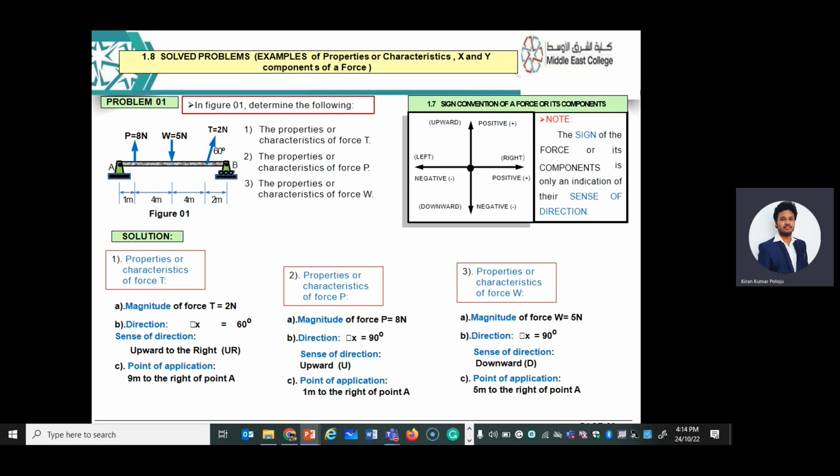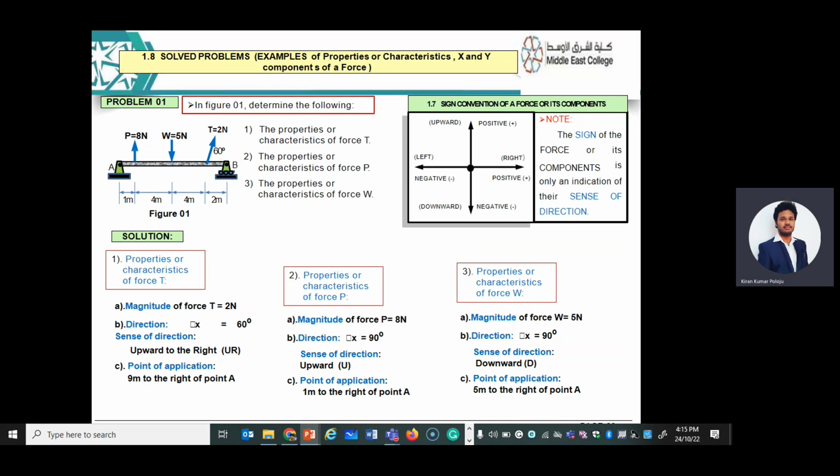Here you are not going to determine the force or the resultant. You just have to state the properties. It means you have to say in which direction it is moving, like in the previous slide we studied: upward right side, downward and left side, upward right. Those directions you have to mention here.